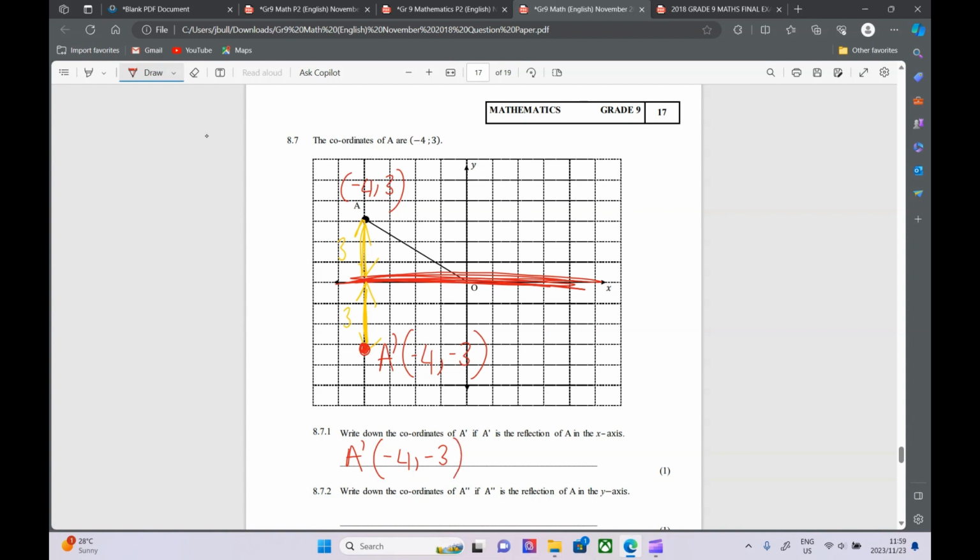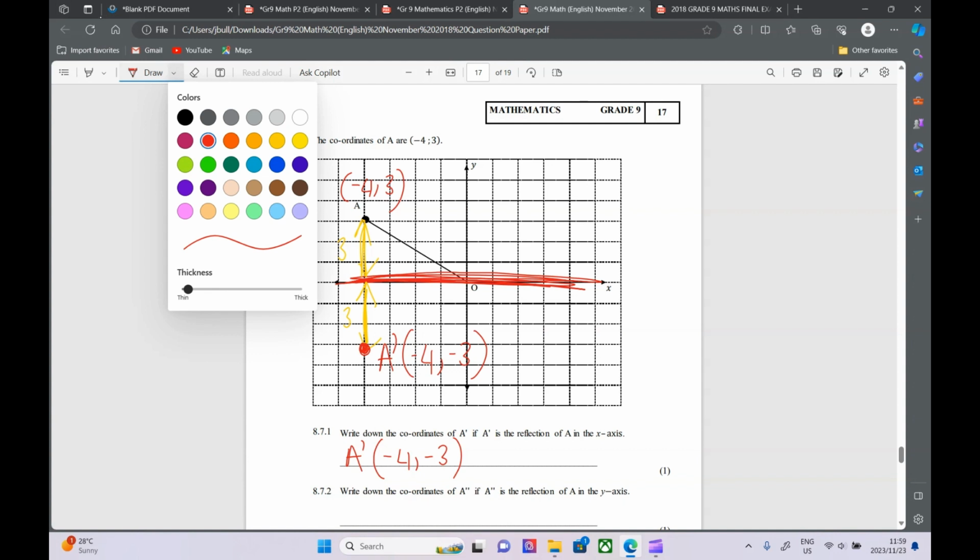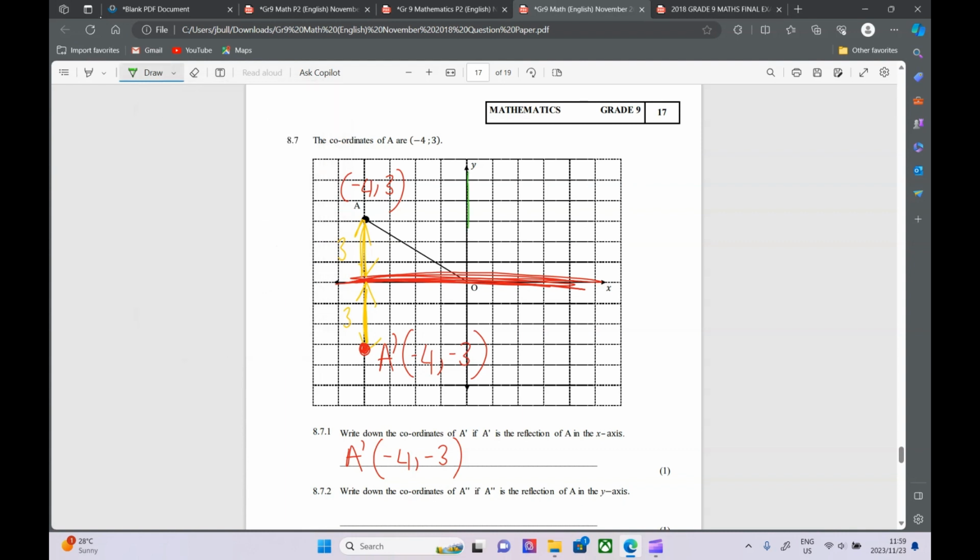And then they want us to do the other one. They say, what is the image of a reflection in the y-axis? So that means we're looking at this y-axis and we're reflecting it across there. Similar to before, we're going to see what the gap was, what the distance was. So it was a distance of 4.